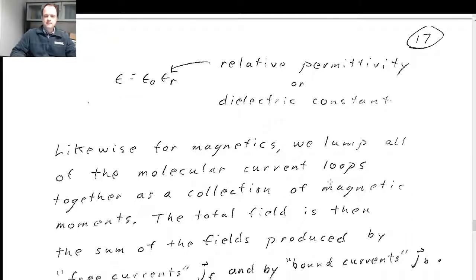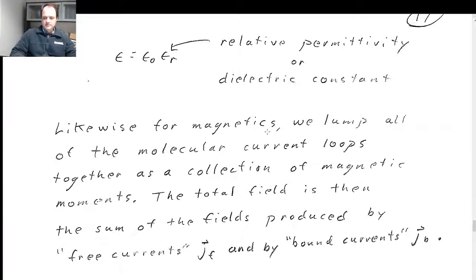All right. Now, likewise for magnetics, we lump all of the molecular current loops together as a collection of magnetic moments. Each atom has electrons rotating around its nucleus, creating current loops. Those current loops are called magnetic moments, similar to electric dipole moments.